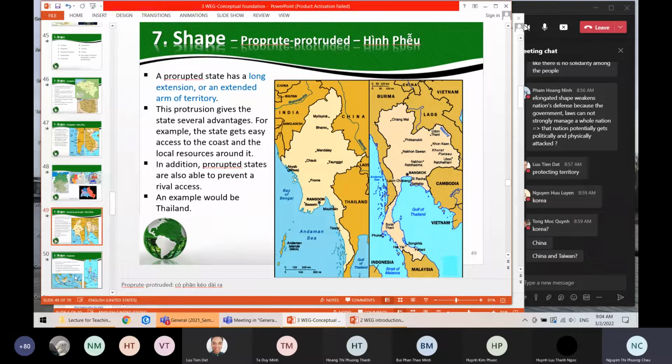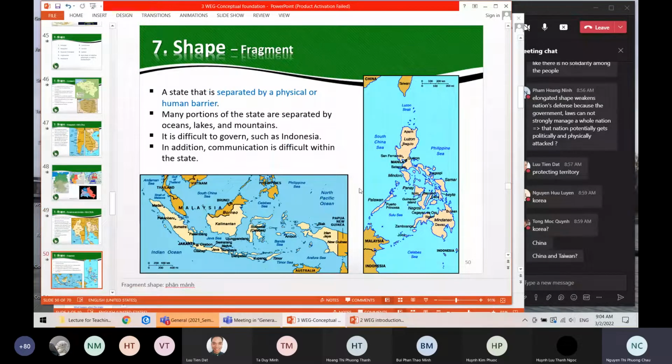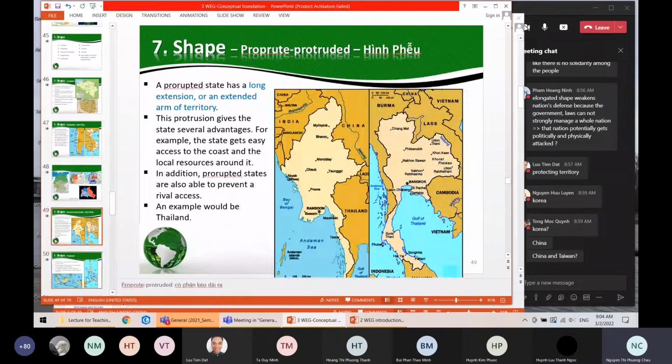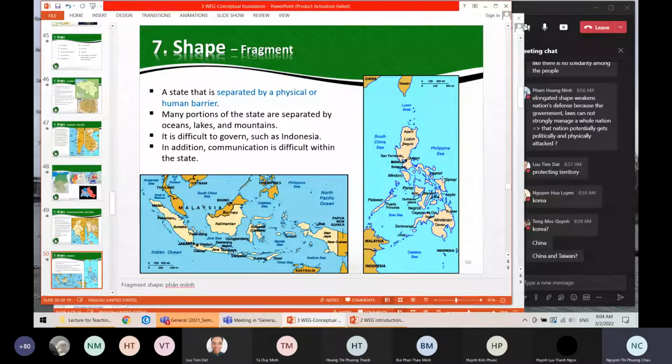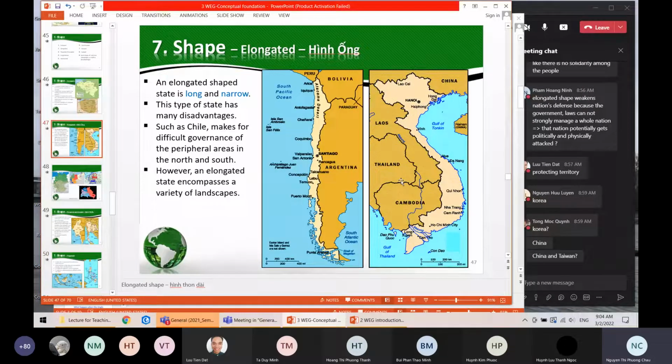Okay, so we move to the next shape, which is fragment. Fragment means separated into many pieces, not several like elongate, but many pieces. And this is naturally separated. Elongate is separated by political issues, but in nature it is not separated. It is united into one.